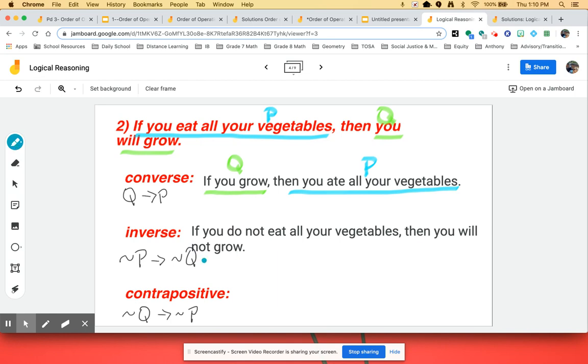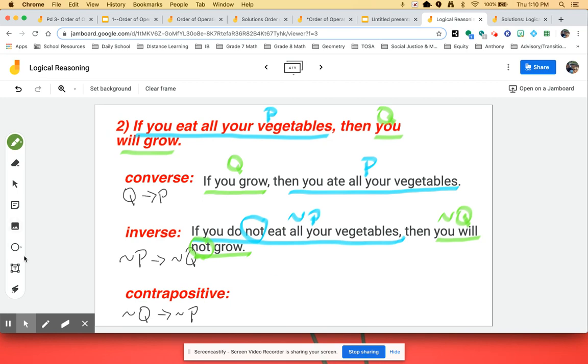And let's mark it. So again, we're going to start with P, but it's not P. If you do not eat all your vegetables, that's not P, then you will not grow. That's our not Q. So just checking to make sure that we're putting things in the right order.